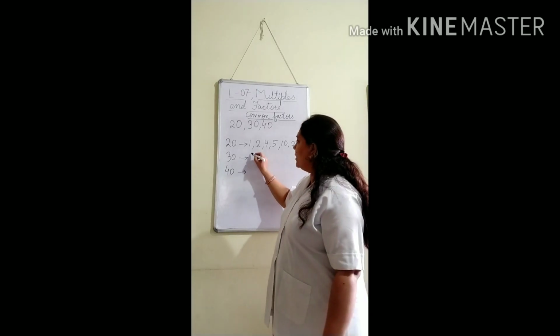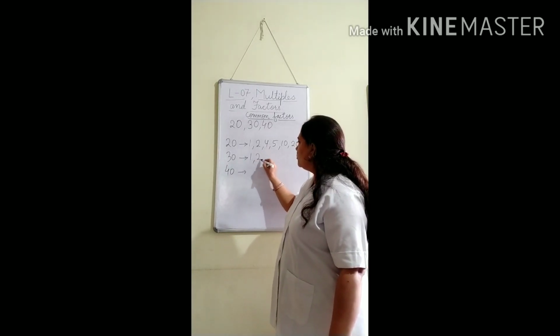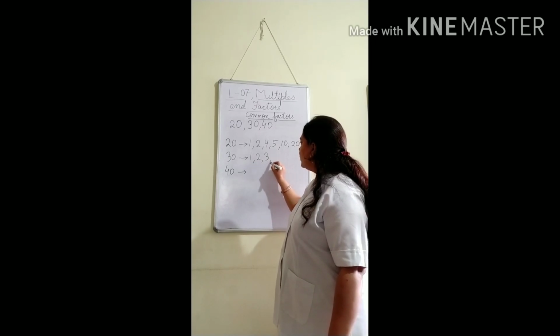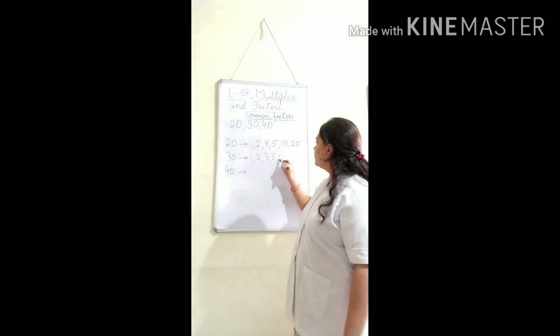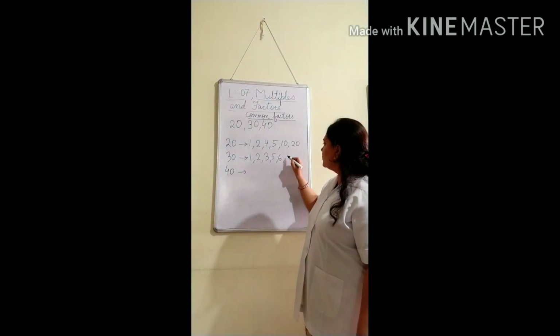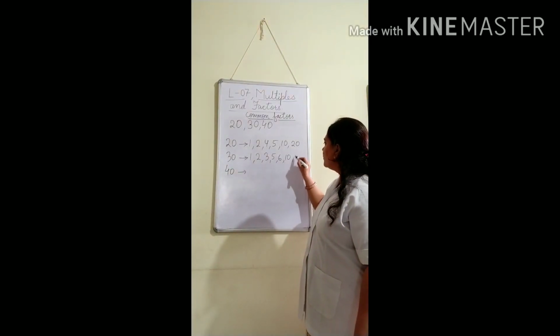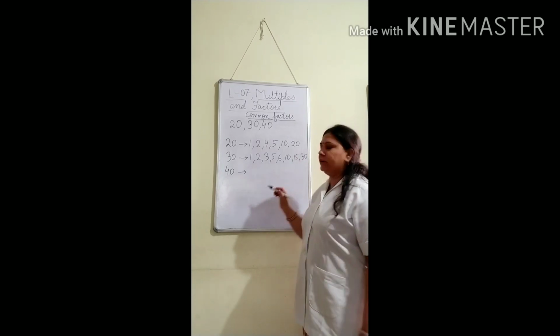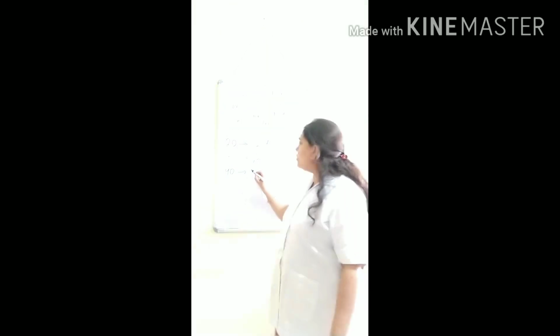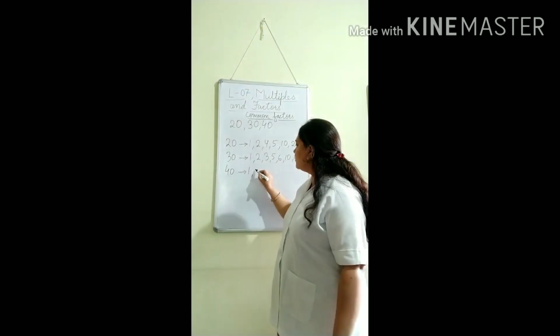Factors of 30 are 1, 2, 3, 5, 6, 10, 15 and 30.